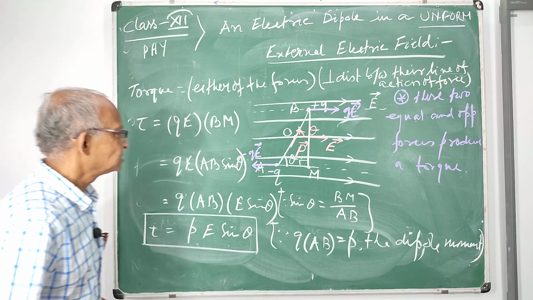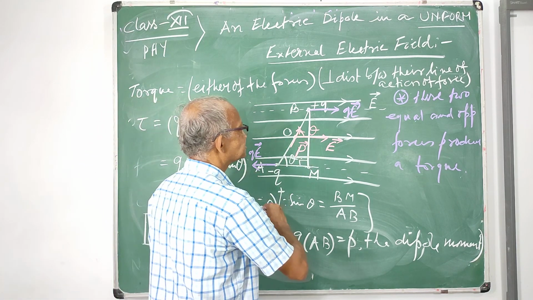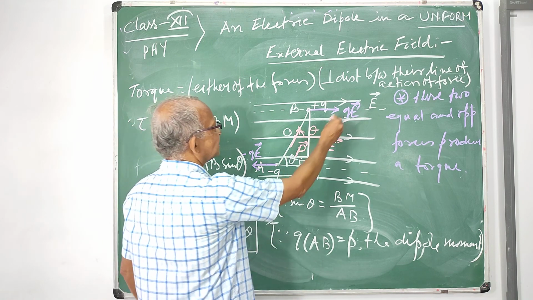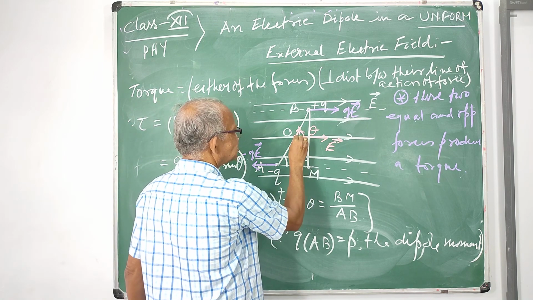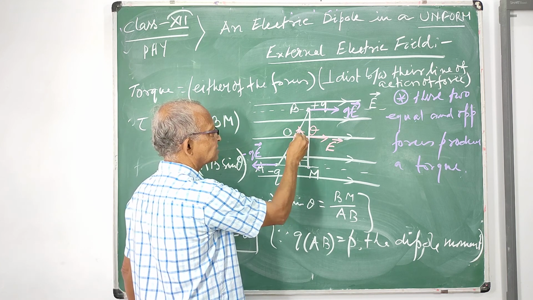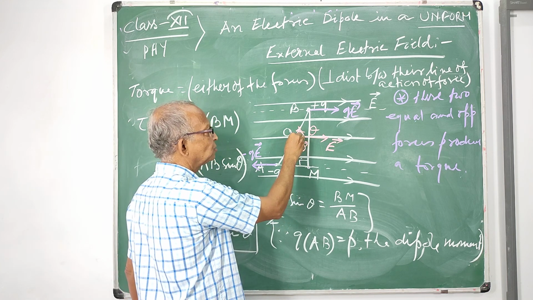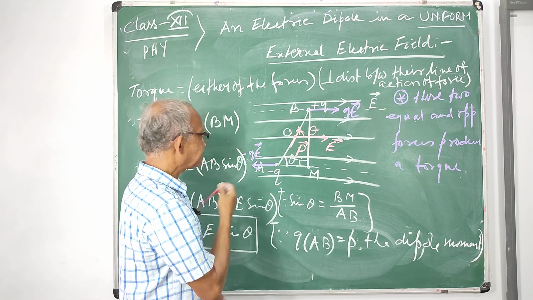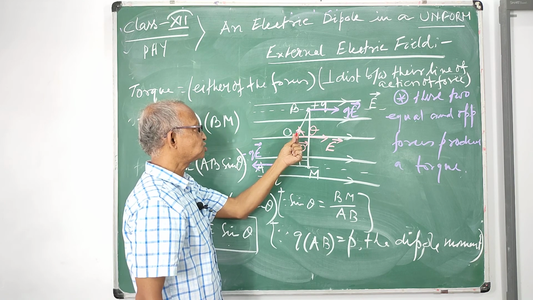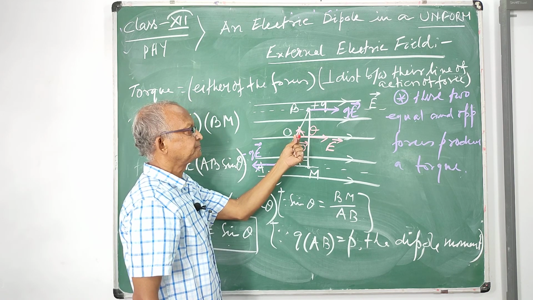Check this. Check the diagram again. As the dipole center is at O, and we consider that the dipole is free to rotate about an axis passing through O, perpendicular to the dipole length. Like here, this is my peg. The peg is the axis of rotation of the dipole AB.